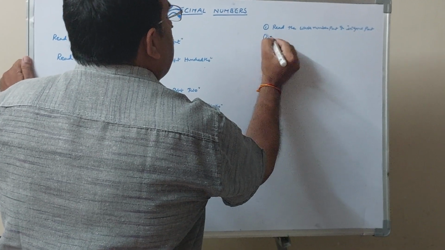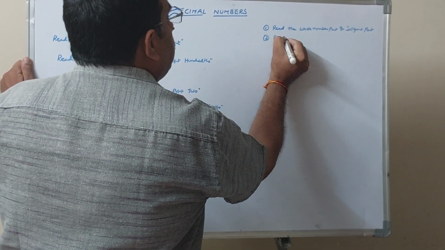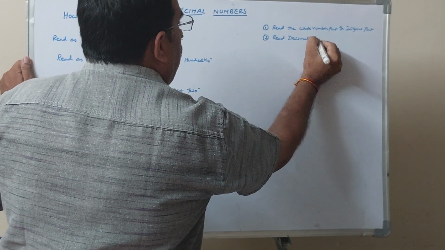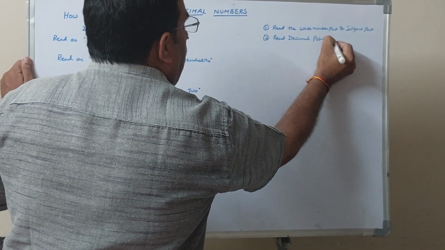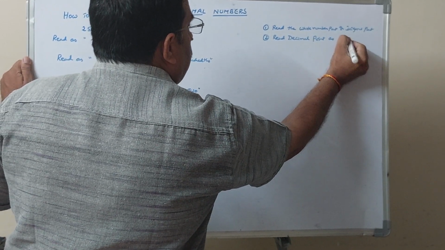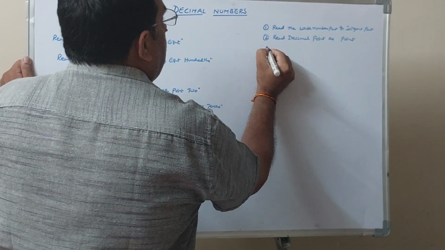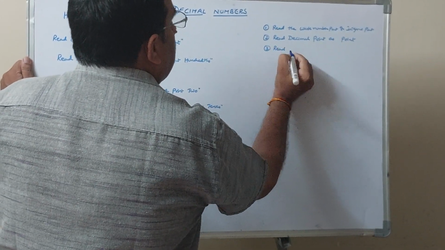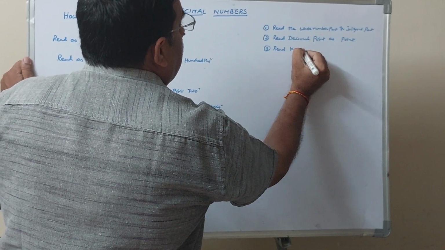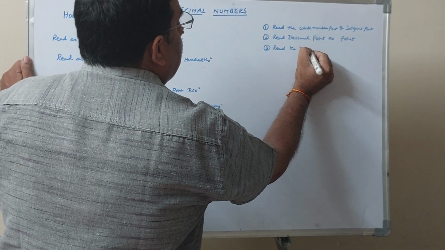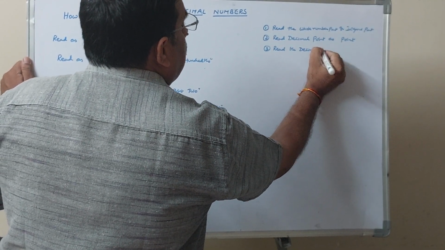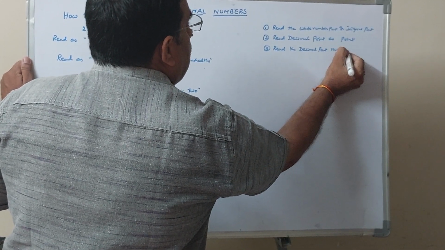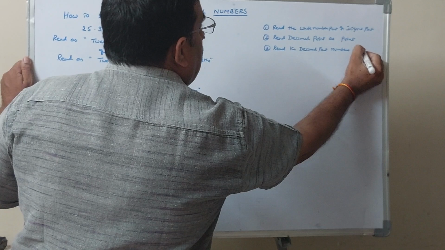Second, read the decimal point as point. Third, read the numbers in the decimal part as numbers.